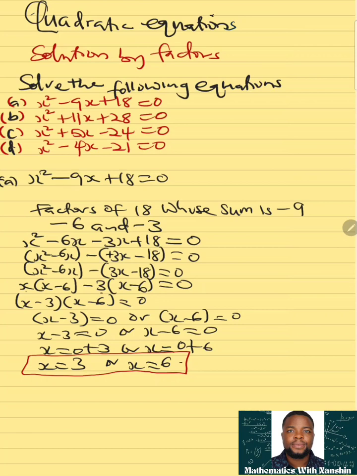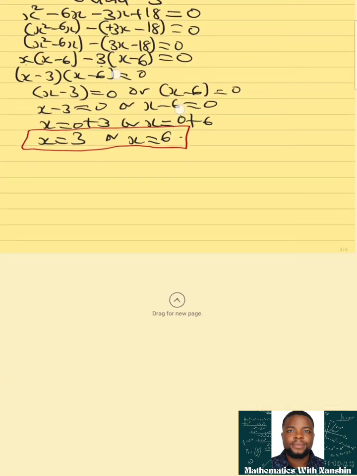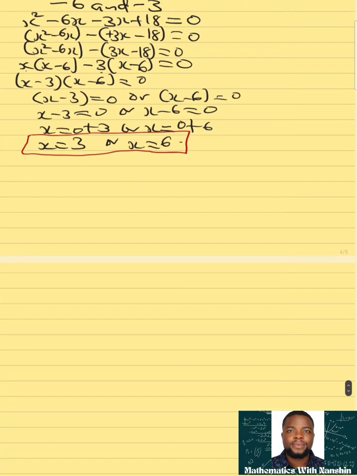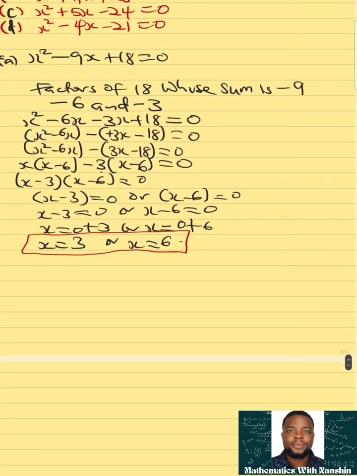Similarly, you can solve question B. All right, you apply the same approach to question B, and that will give you a similar result. So we have question B here, which is x squared plus 11x plus 28 is equals to 0.